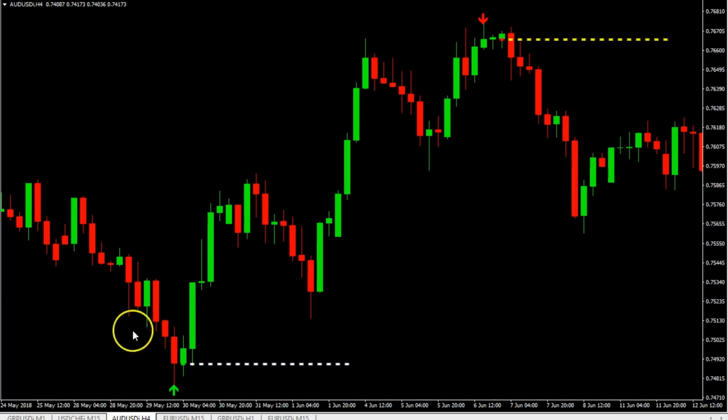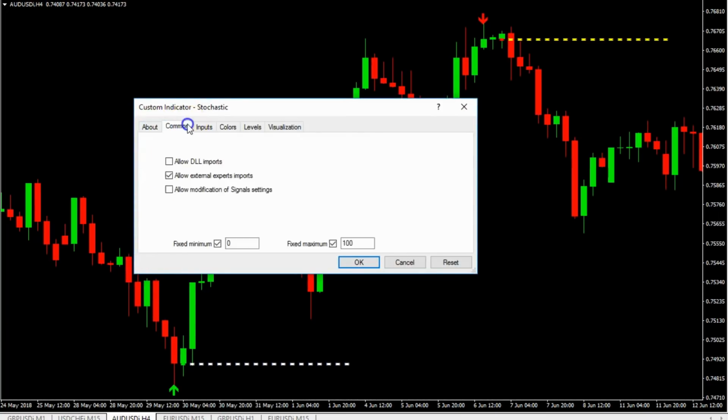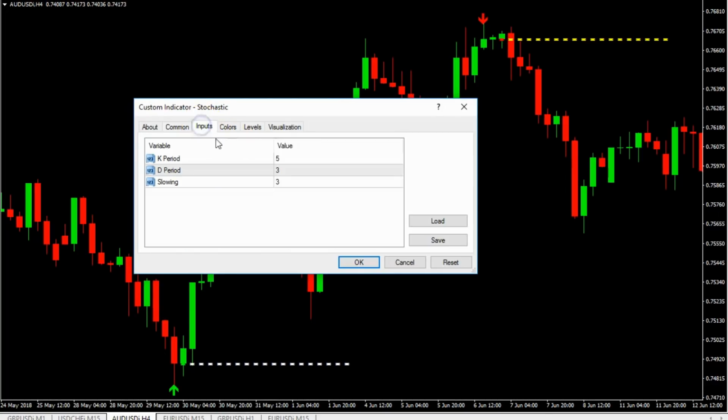So next indicator I need is the stochastics indicator. Here it is, allow DLL imports. Go to inputs. Now here don't do anything except change this to 8. Okay, K period 8 and the D period 3 and the slowing also 3.